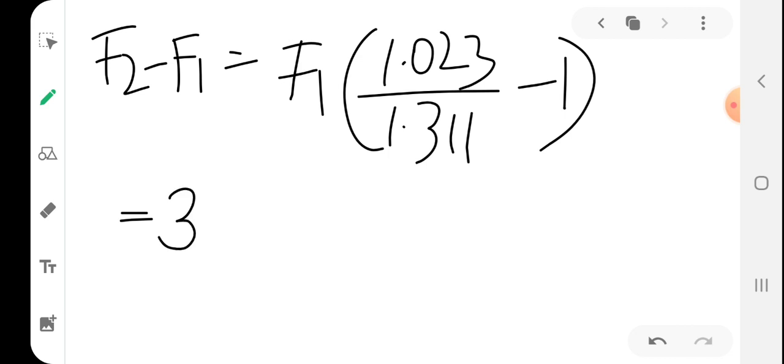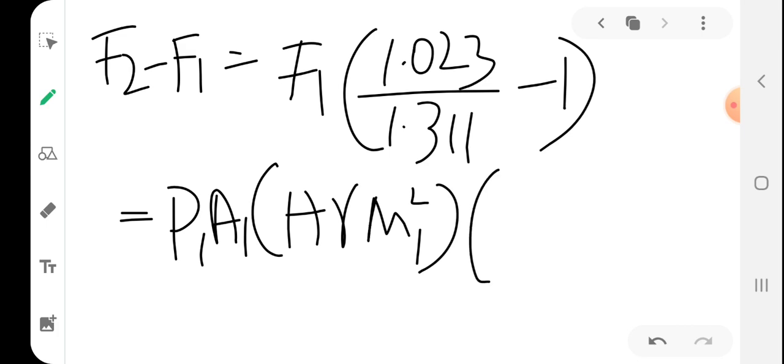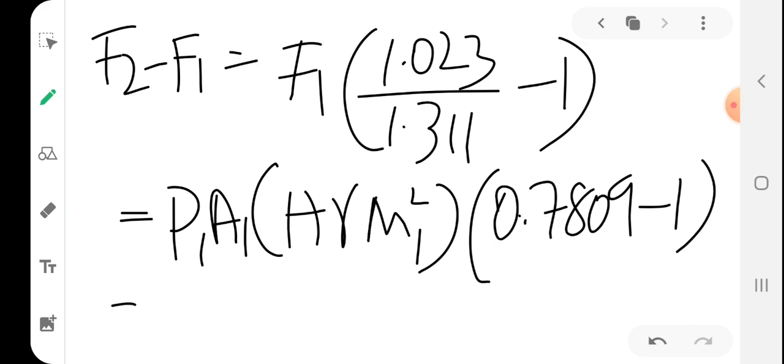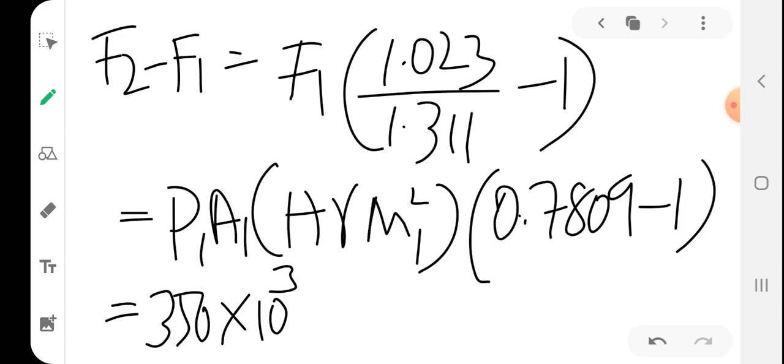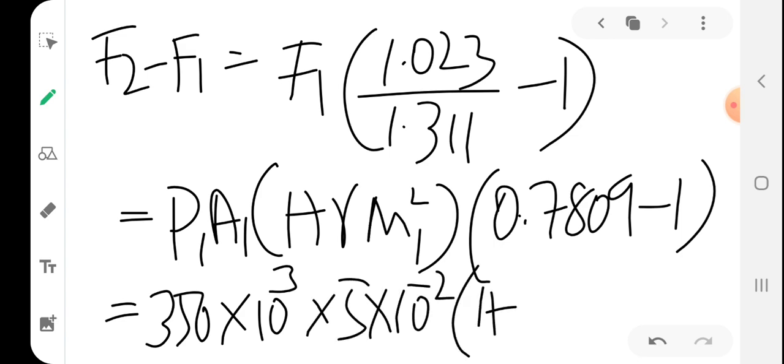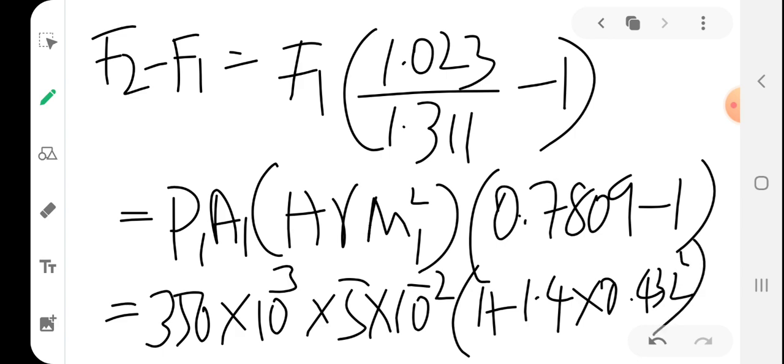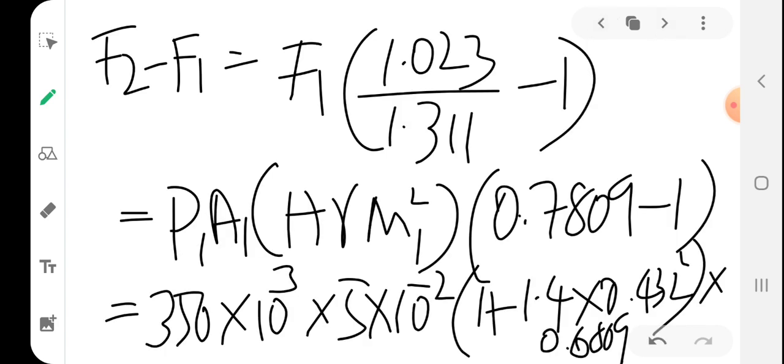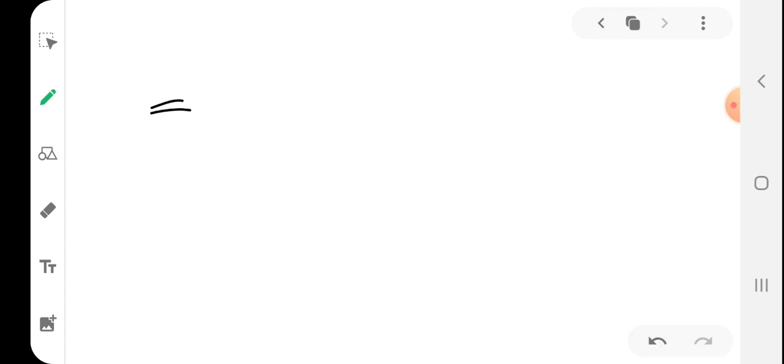F1 is P1 A1 into (1 plus gamma M1 square), so P1 A1 is 350 into 10 raised to 3 into 5 into 10 raised to minus 2, into (1 plus 1.4 into 0.432 square), into 0.6809. You will get the final value as 483604.